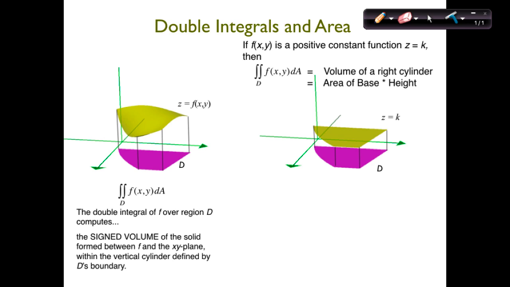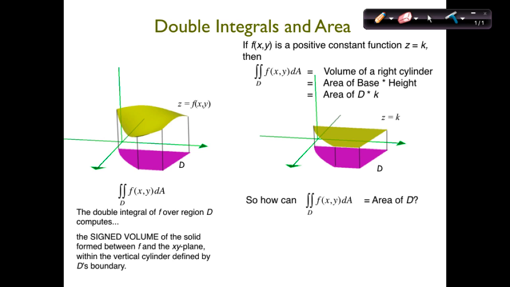The area of D, and what's the height? So really, if your function was a constant function z equals k, then the double integral would find the volume of this right cylinder, which would be the area of D times k. Are we good? Does that make sense?